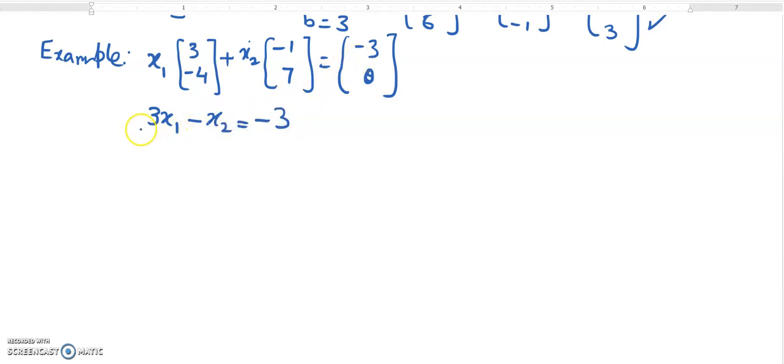This is one equation, and the other equation will be minus 4x1 plus 7x2 is equal to 0. In this way we can convert the vector equation into a system of linear equations.